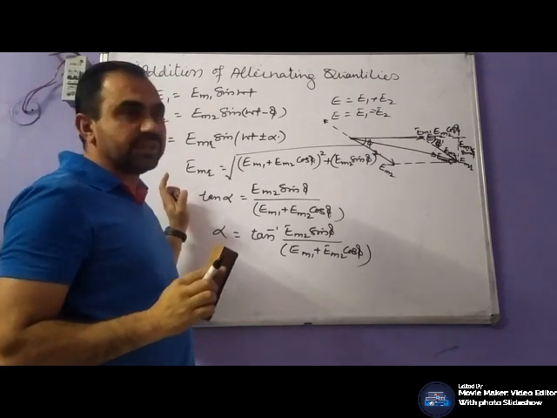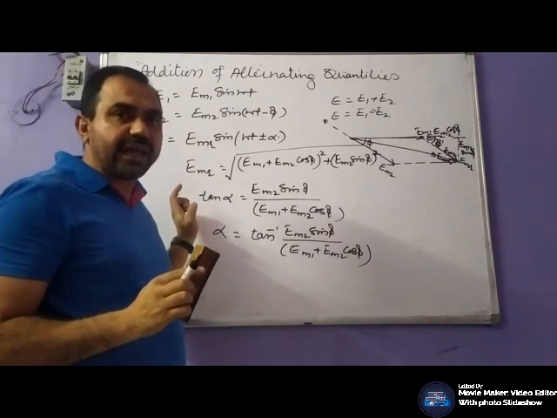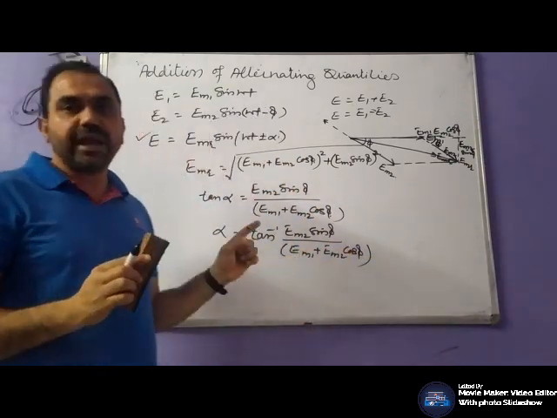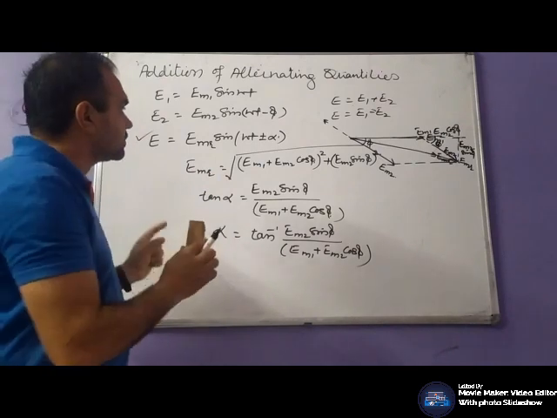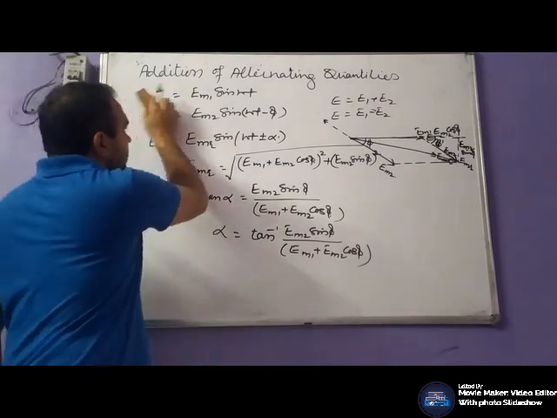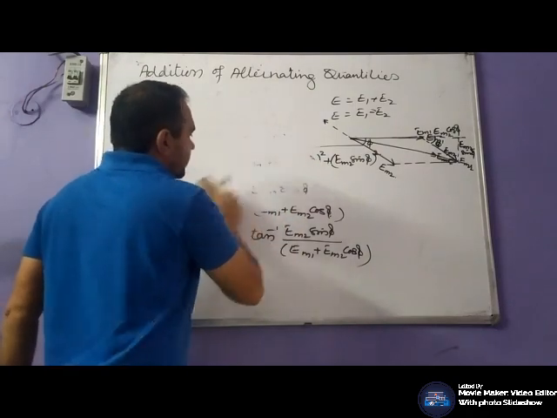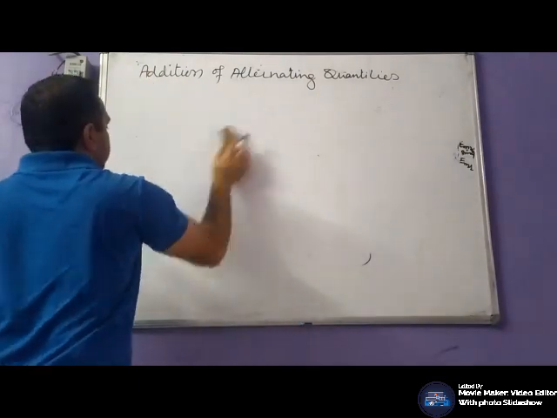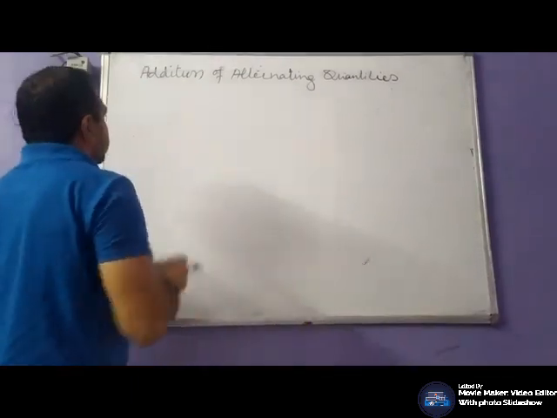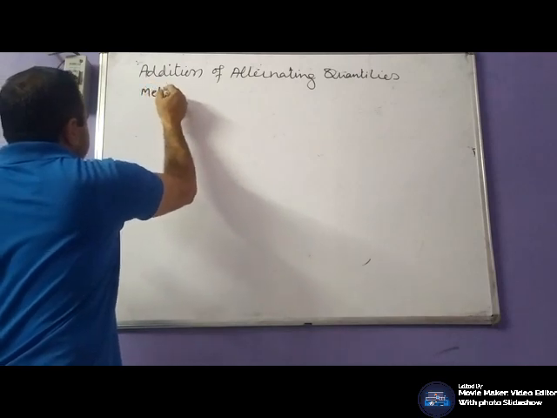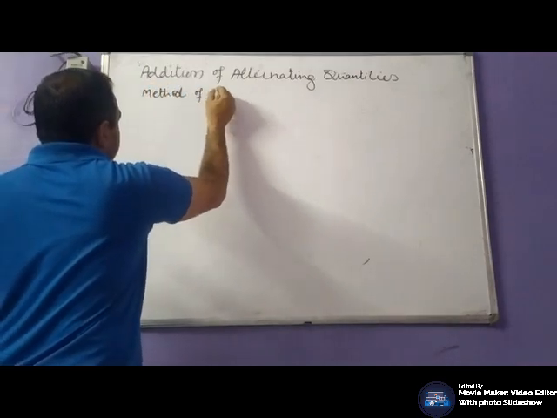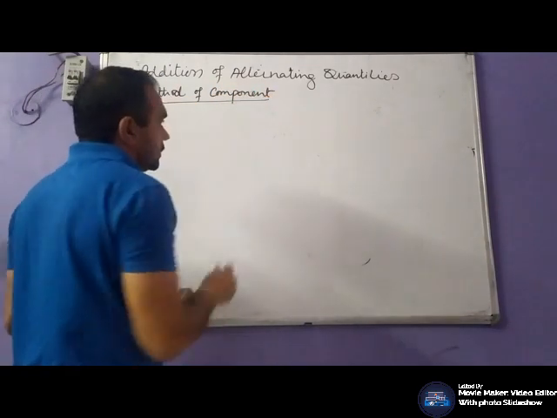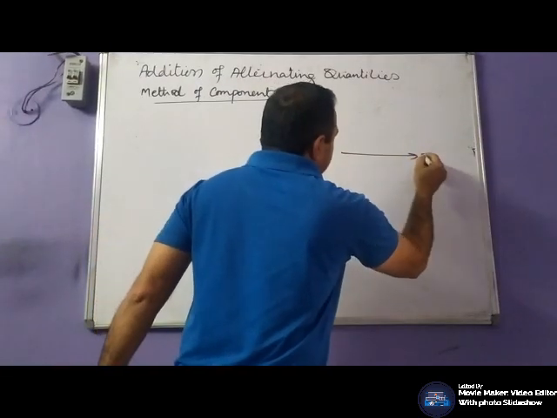But the limitation of this parallelogram method is that we can add only two alternating quantities at a time. To add or subtract more than two alternating quantities, we require another method, which is named the method of components. In it, let there be a number of alternating quantities.